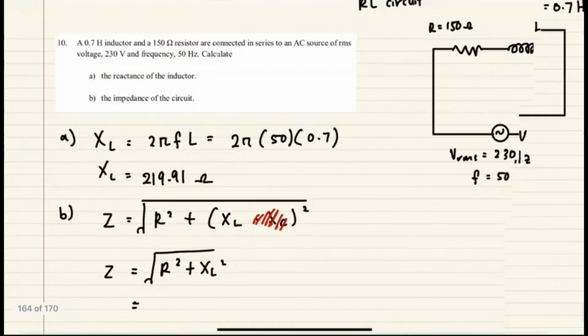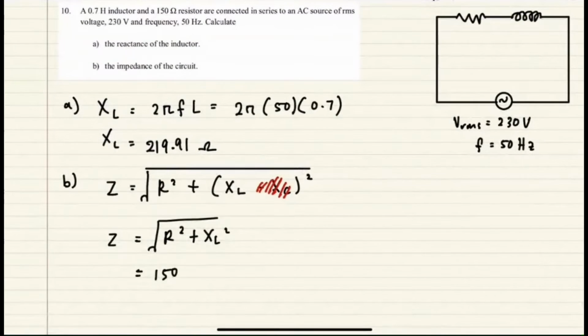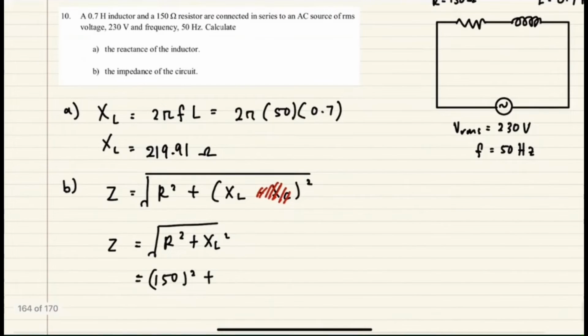So you can sum this one. R sama dengan 150 ohm. XL 219.91. Okay, jangan tersubstitute L pula.